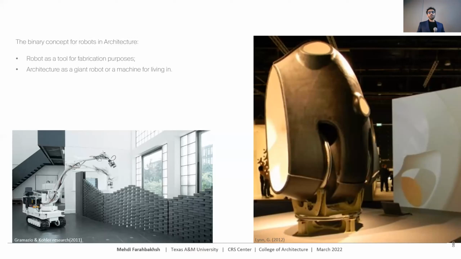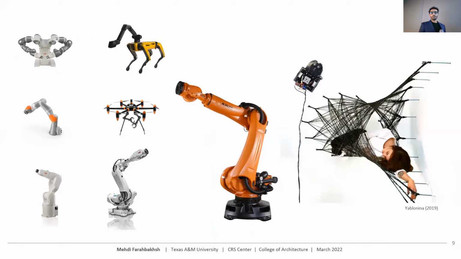There are two approaches in architectural robotics. A robot is either a medium or tool for architectural fabrication, or it's a giant machine or space for living in. We have different types of robots, different brands, different shapes: 6-axis, 14-axis, spot dog, drones, or simple task robots.